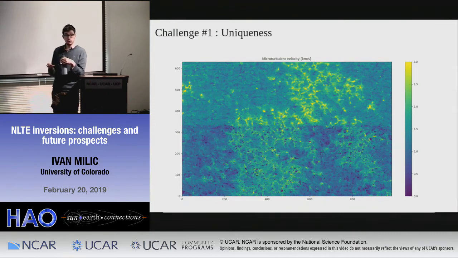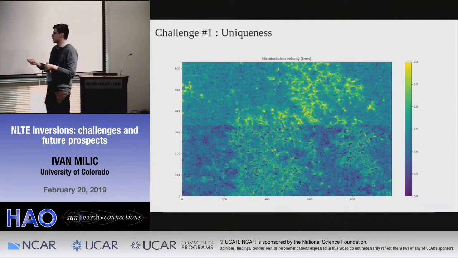And these two different solutions had equally good merit function, so the fits were equally good. And until I plotted these maps of quantities, I couldn't see what the problem was. And actually, the microturbulent velocity here is significantly lower than up here.